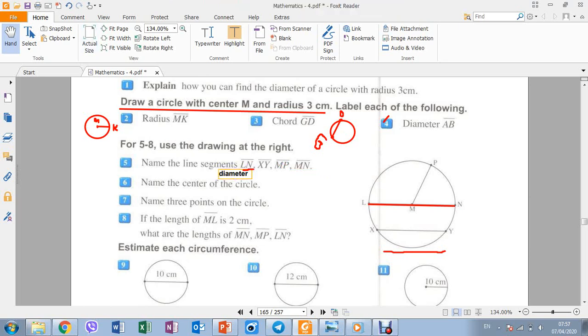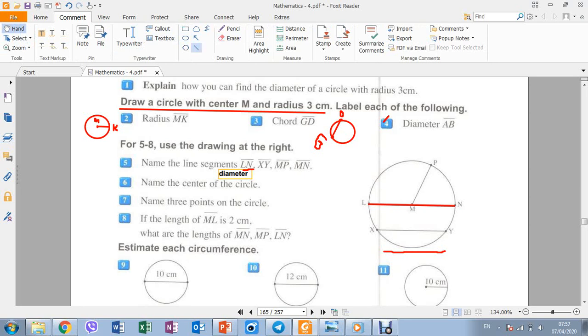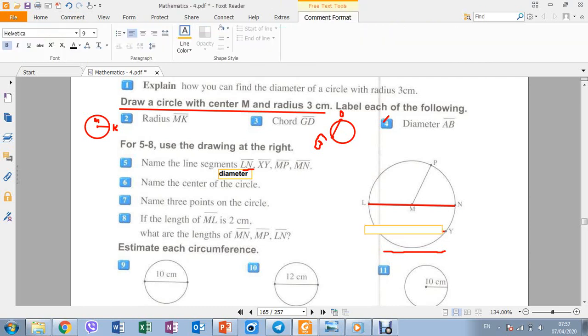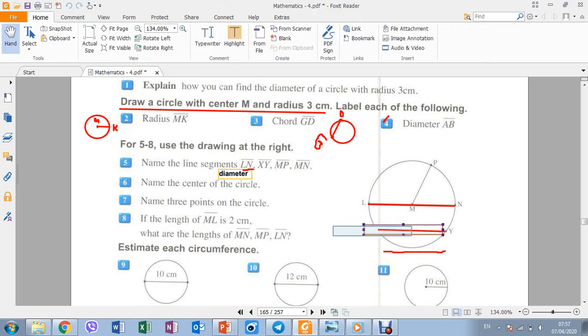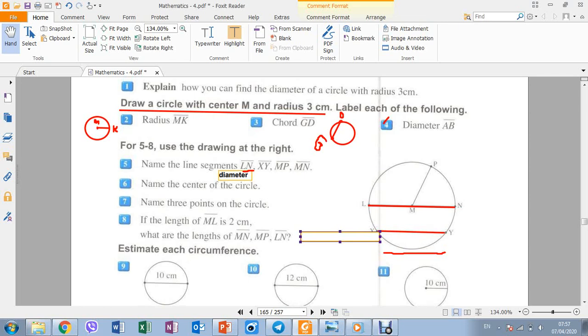Now XY is called what? XY, look. It goes from one side to the other without passing through the center. It's called what?